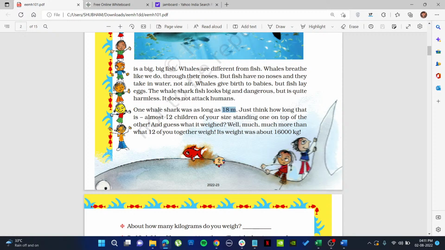Like if we consider the length of all the 12 children, then that length would be equivalent to the length of one whale shark, which is 18 meter.